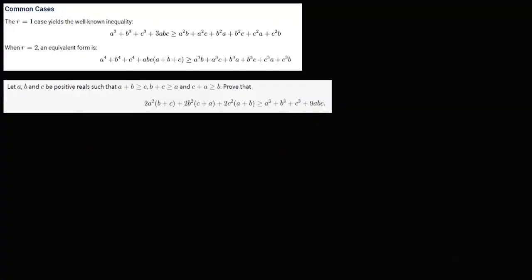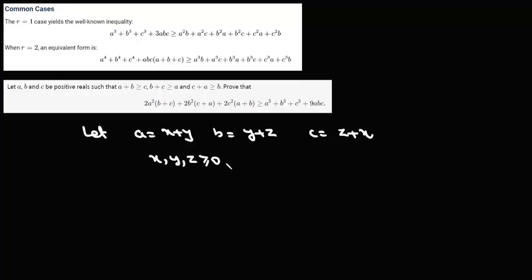Now let us take another example, and here we are given a, b, c are three positive real numbers such that a plus b is greater than or equal to c, b plus c is greater than or equal to a, and c plus a is greater than or equal to b. Then we have to prove this result. What we'll do is we'll say let a equals x plus y, b equals y plus z, and c equals z plus x. Then a plus b is x plus 2y plus z, which is greater than or equal to z plus x. So from here we can write x, y and z are non-negative real numbers.